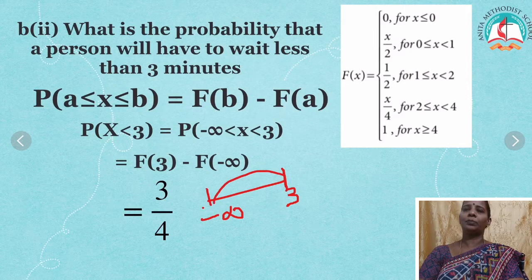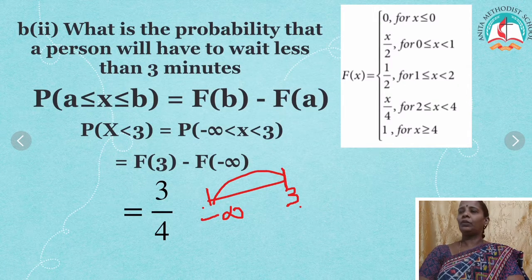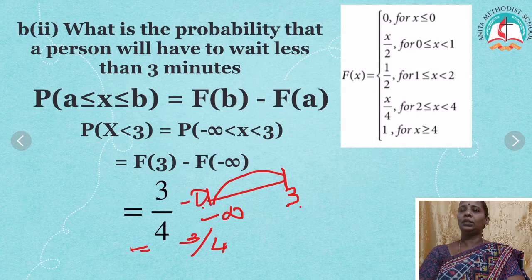So I want to find the probability from minus infinity to 3. Upper number f of 3 minus f of minus infinity. F of 3 lies here, so it is 3 by 4, and f of minus infinity is 0. Therefore 3 by 4 minus 0, which is 3 by 4.